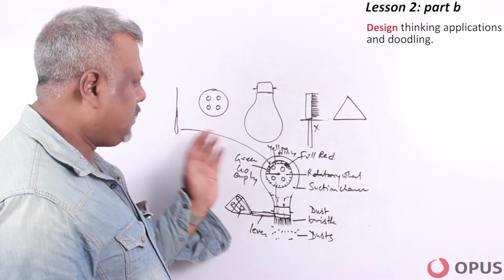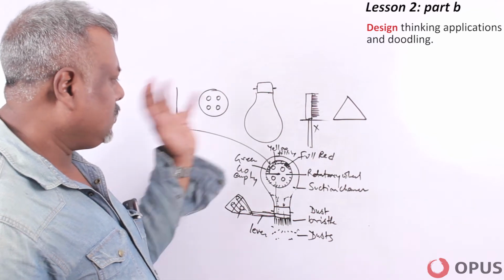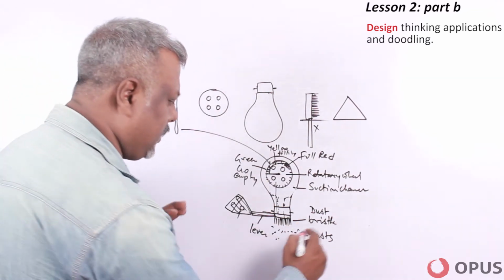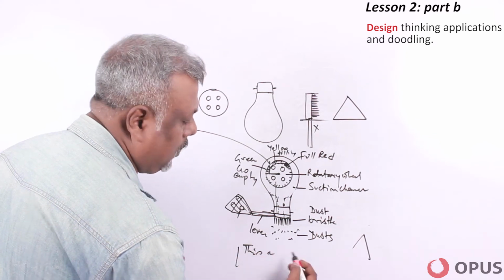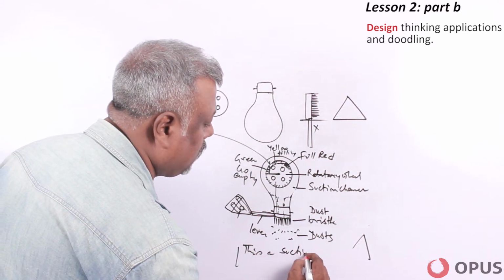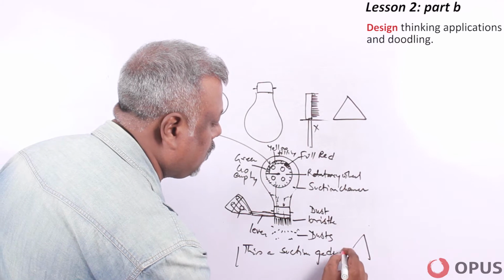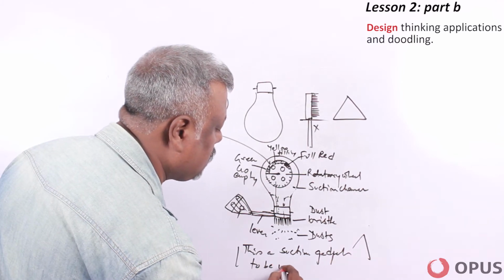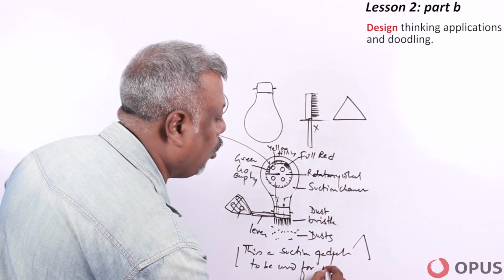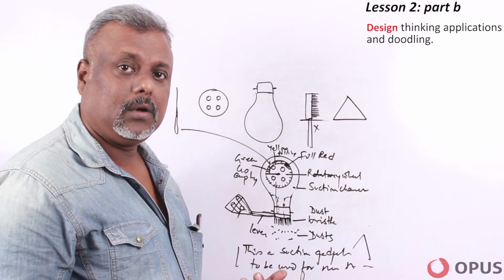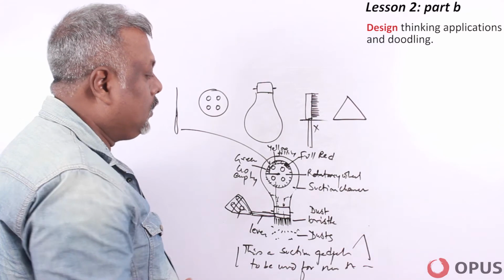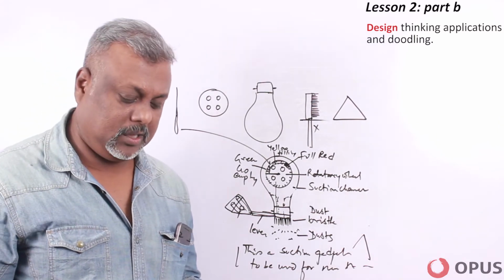Okay, so this is how you apply the entire concept of design story, and you have to write down the whole story. This is a suction gadget to be used for home appliances and the like. Understood? So this is how it is to be written.